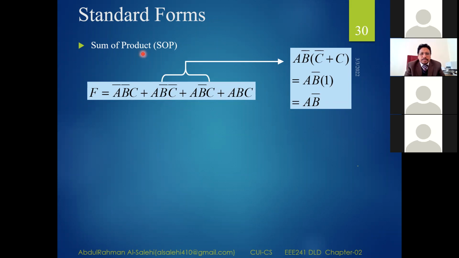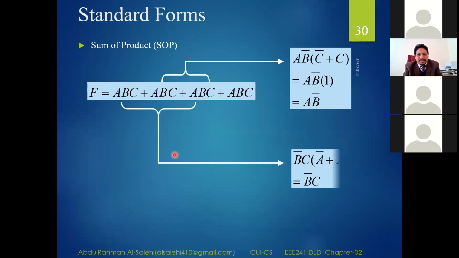So here now, if I take the common between them, I will be left with C complement and C. C complement and C is basically equal to 1, from the postulates and theorems which we have seen before. Again, if you take this one and take also the common between them, you'll get A prime plus B, and you'll get this result.